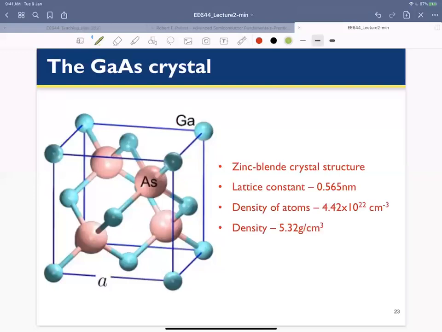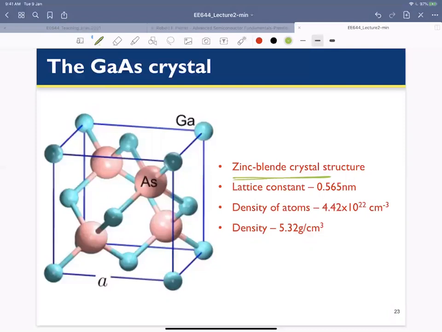So the inside atoms are only arsenic, and the corner atoms and the face atoms are gallium. We don't call it diamond cubic because diamond has all atoms as carbon. Since we have gallium and arsenic, this is called the zinc blende crystal structure.